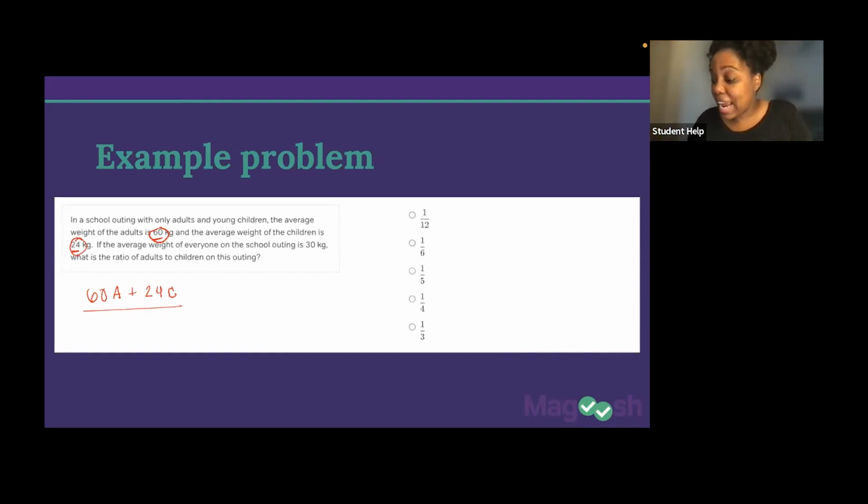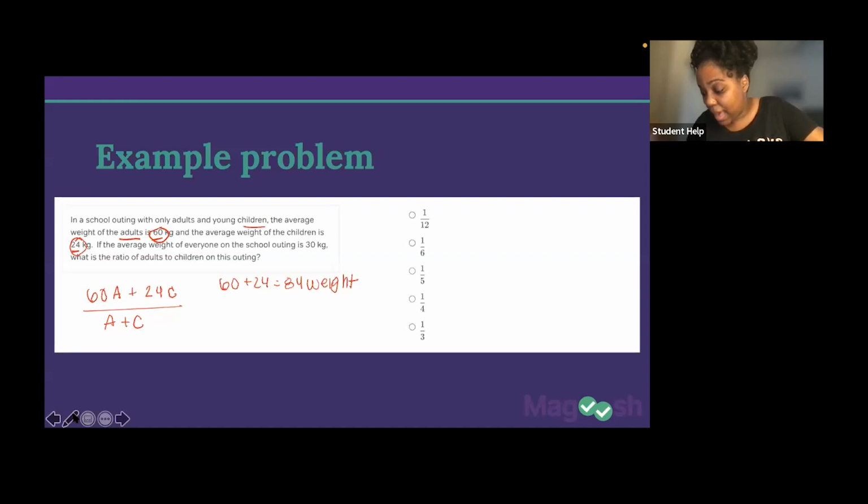If you said 84, that would be 60 plus 24, but that's the weight. The bottom number is the number of numbers in your set. So that would be the number of adults plus the number of children. So to Joseph's point, that would be A plus C. Be careful about that.